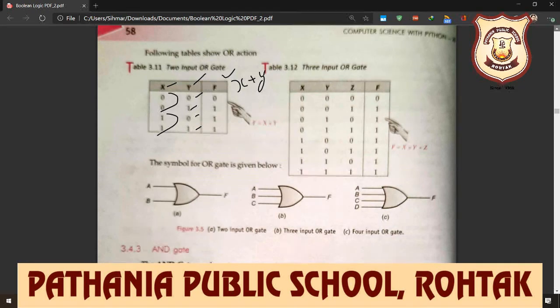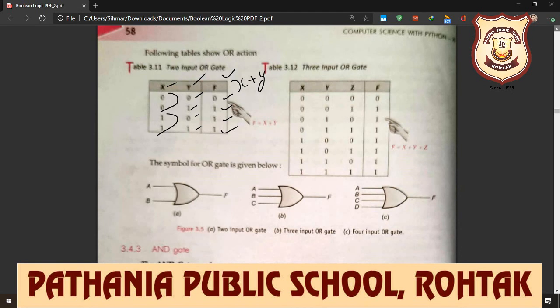OR operator means plus, OR gate means plus. So 0 plus 0 is always 0, 0 plus 1 is always 1, 1 plus 0 is always 1, and 1 plus 1 is always 1.